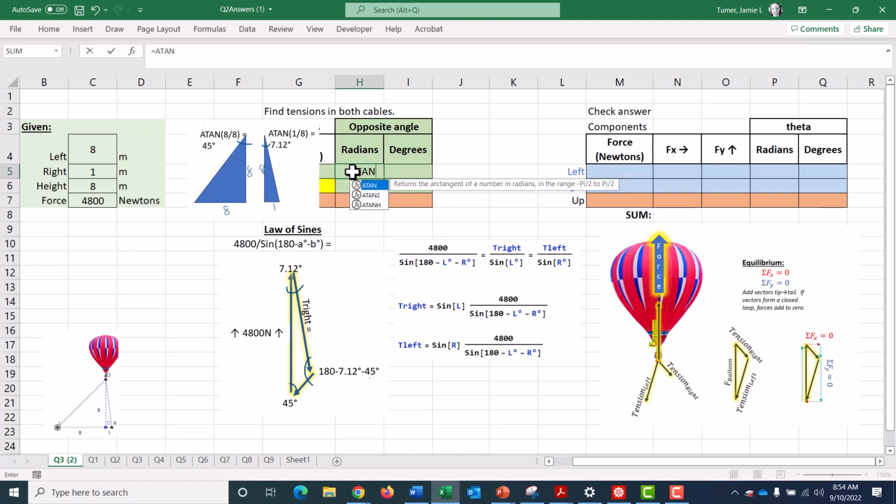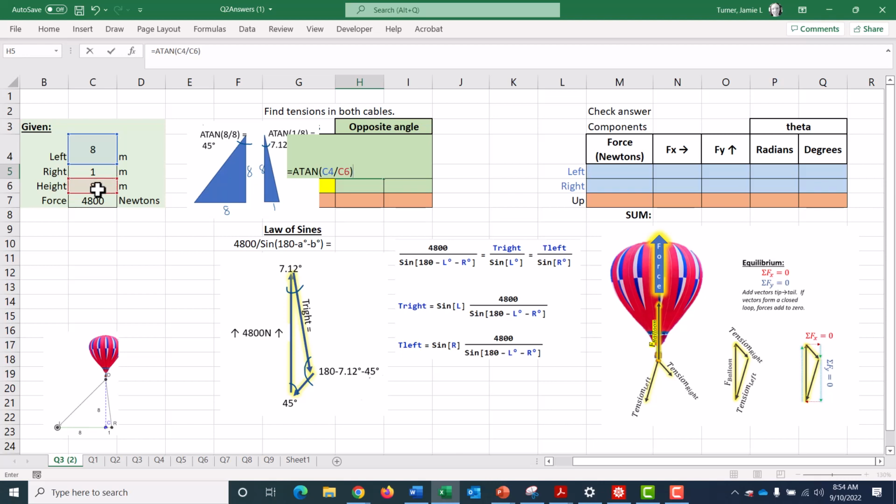Tangent is opposite over adjacent, so the opposite side of that angle is what it's pulled to the left with, and the adjacent side is that height. So I'm clicking on the cells that hold those numbers, so in the future I could just change those numbers and it would update the angle.